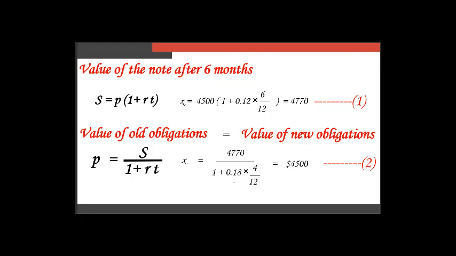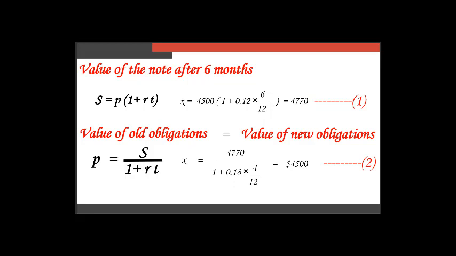Look at this slide. At first, we get the value of the note after 6 months. Second, we get the value of X. For the value of the note, we use the formula S equal B times 1 plus RT. We get 4,770. The total time here equals 6 months.